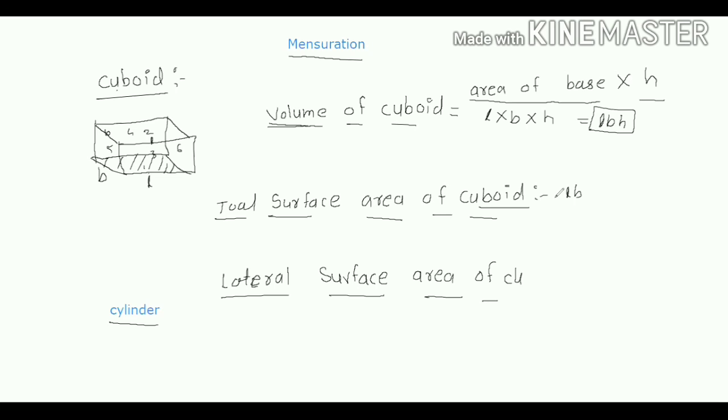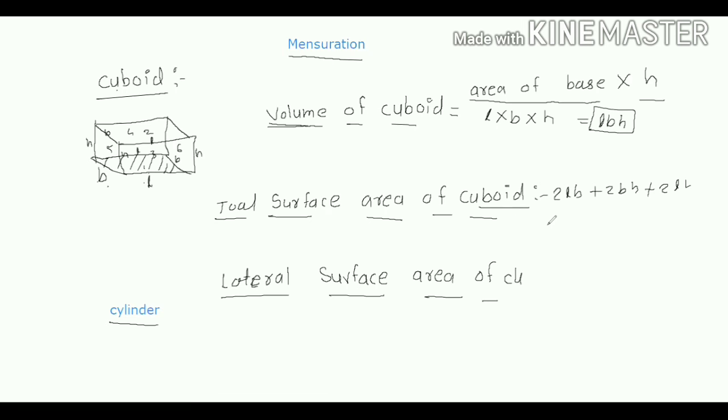So we have 2 L into B plus, this is the height, this is the length, this is the breadth. Now breadth into height and breadth into height, so 2 breadth into height, plus length into height, and again length into height, so 2 length into height.